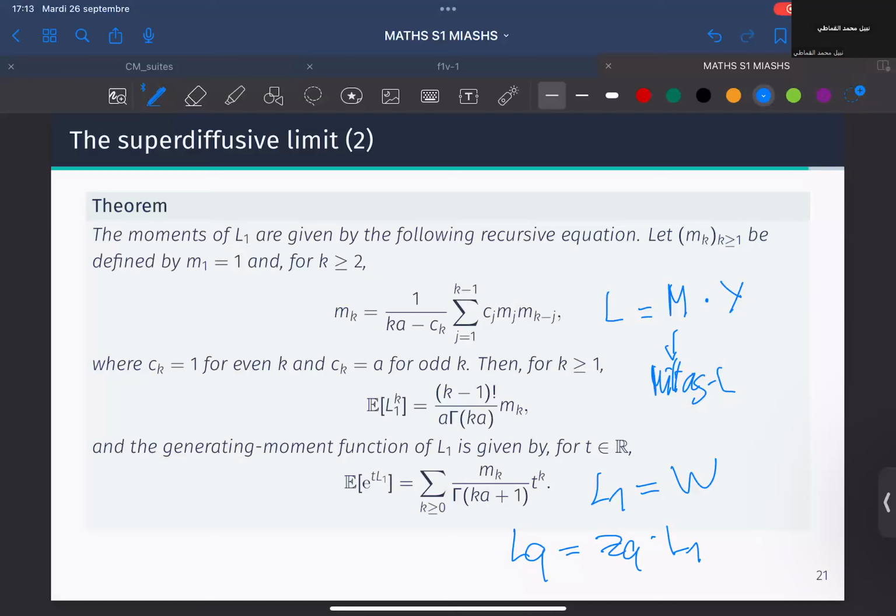I think that it could work, but it would be much more complicated, and I don't know if we could expect to obtain so many results, because here what is really nice is that the urn process is Markovian, and some variations of the elephant random walk cannot be modeled using an urn process.